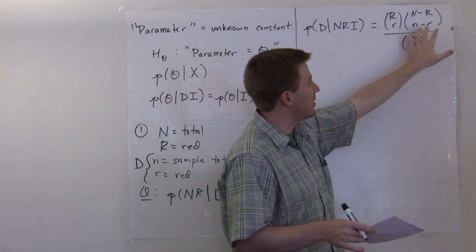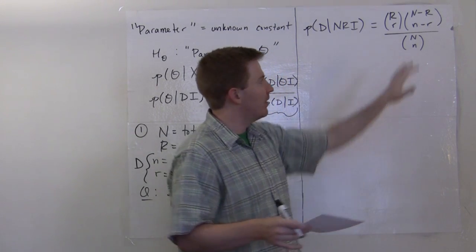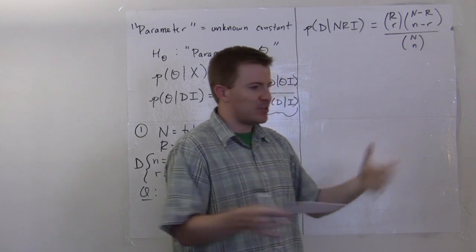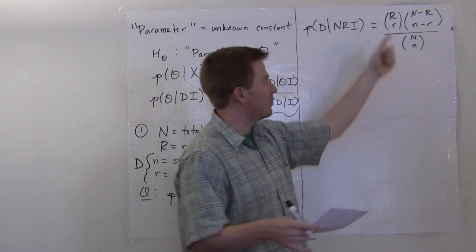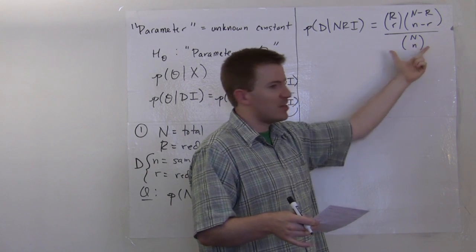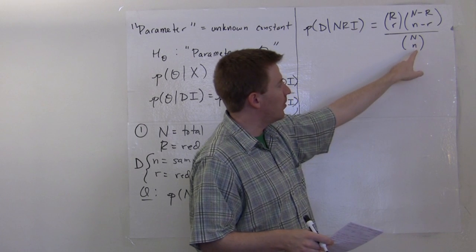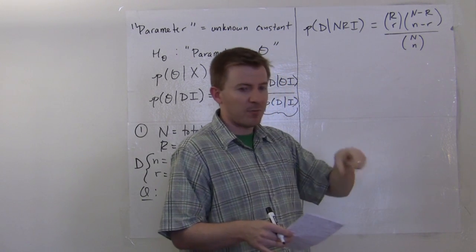That's the number of subsets of that size from that kind of population. We're assuming that we get one of these and one of these, so the joint number of ways of doing that is the product of those two things. And then the denominator term here is just the number of possible samples: the number of balls in the urn, choose the number of balls in our sample.